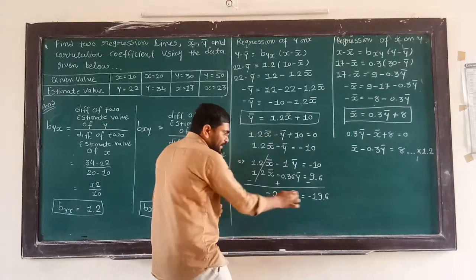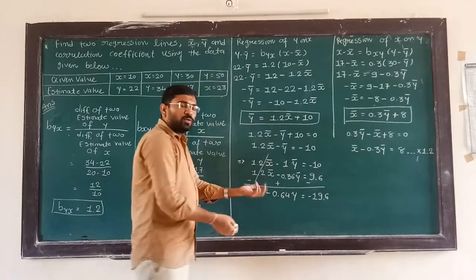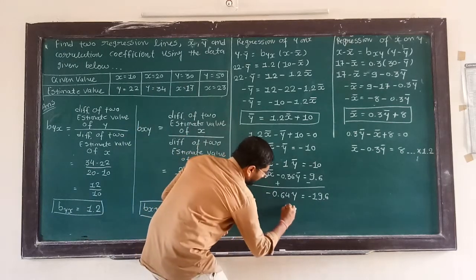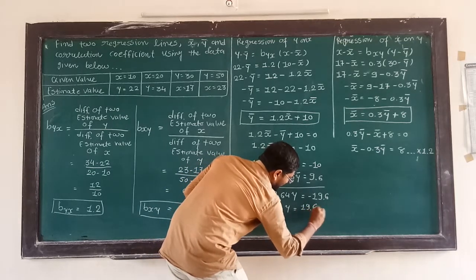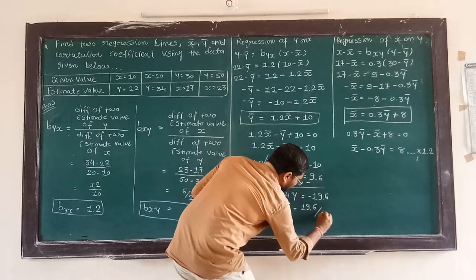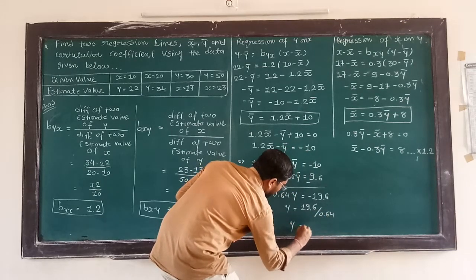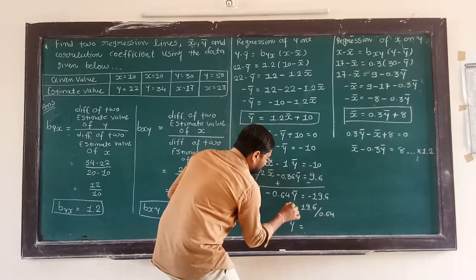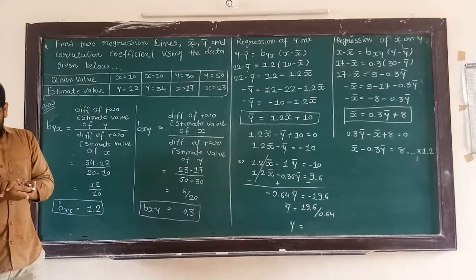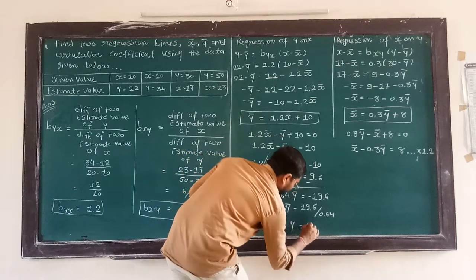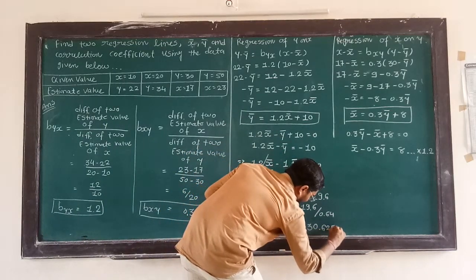Both sides have a minus sign, so it is converted to positive. Y bar is equal to 19.6 upon 0.64, and y bar is equal to 30.625.